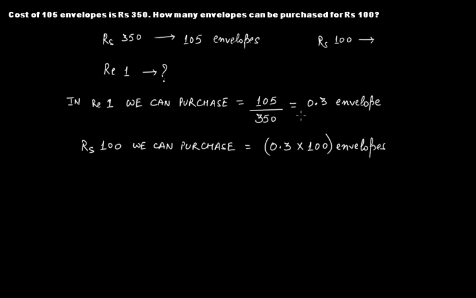And why? Because if this is the number of envelopes we can purchase in rupee 1, then in rupees 100 this will be 0.3 times 100, and this will be 30 envelopes. If you multiply this 0.3 with 100, you'll get 30 envelopes. So this will be the way to find it.